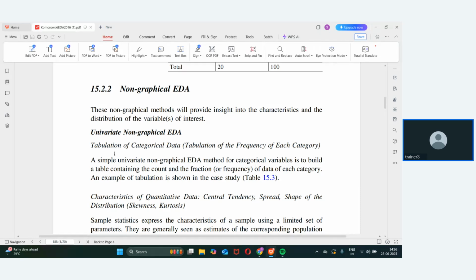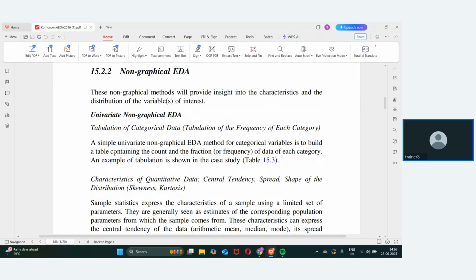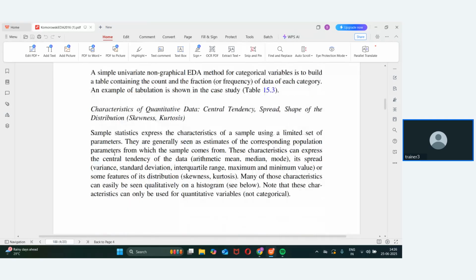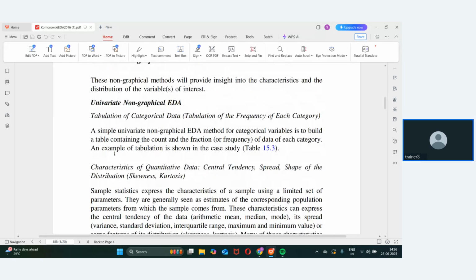First, coming to non-graphical EDA, it provides some insights into characteristics and distribution of variables. It gives us information about the variables, how they are distributed throughout the data set, and what the characteristics of the variables are. This is non-graphical EDA.